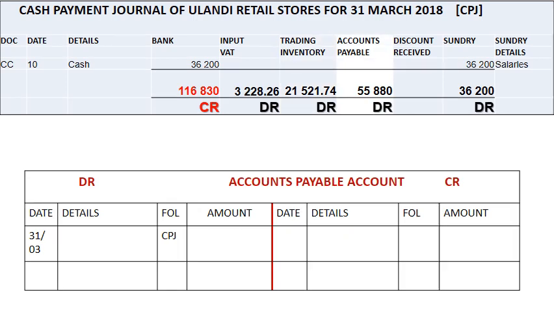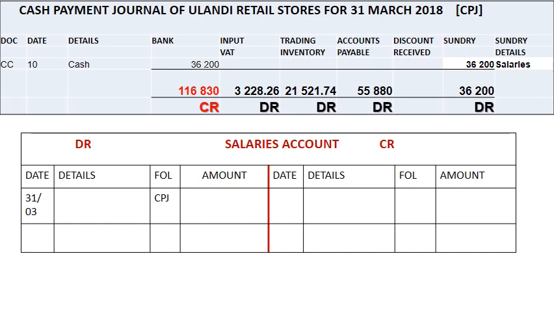The next entry is for accounts payable. We go to the accounts payable. On the debit side of the accounts payable, we show the date at the end of March. The details, it's bank. Remember, we are cross-casting to the total of the bank. Folio, CPJ, total amount as calculated in the CPJ.